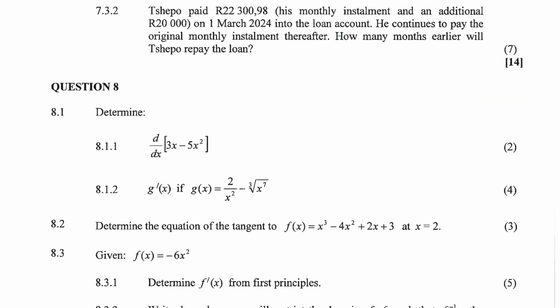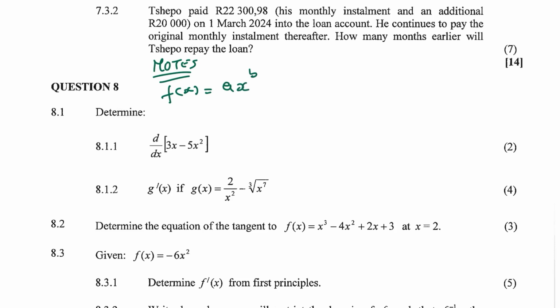So question 8 says determine the derivative of this function here. You've got this very funny looking function, but it's easy to actually do. I'm going to give you some notes first, and then we're going to jump into how to differentiate this problem. Let's say you have a function f equal to ax power b.